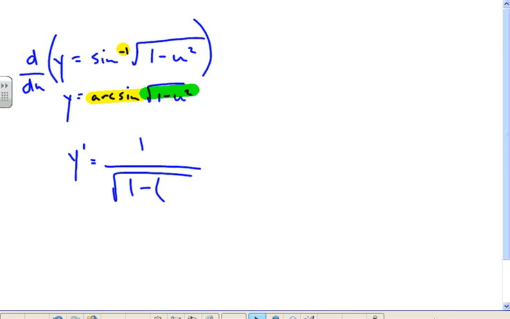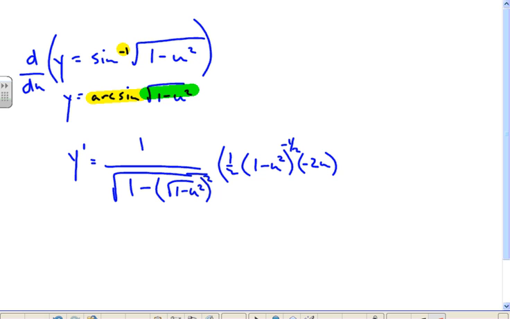So we can use the chain rule, and we have the square root of 1 minus u squared, times the derivative of the inside. So we have 1/2, using the finish of the chain rule, that's the negative 1/2 power, times the derivative of the inside of that, which is negative 2u.